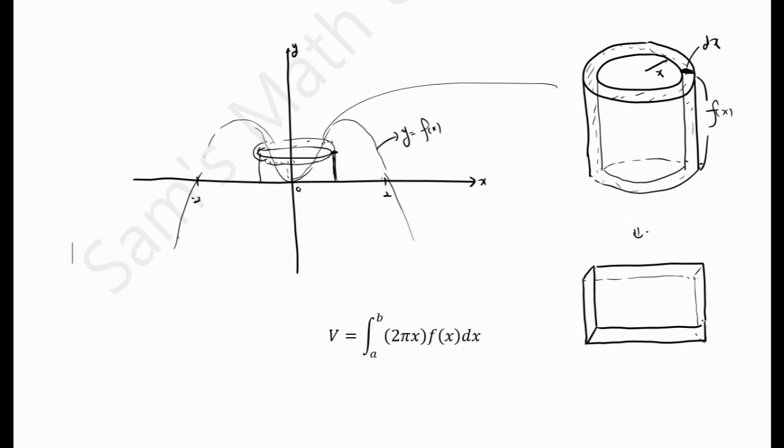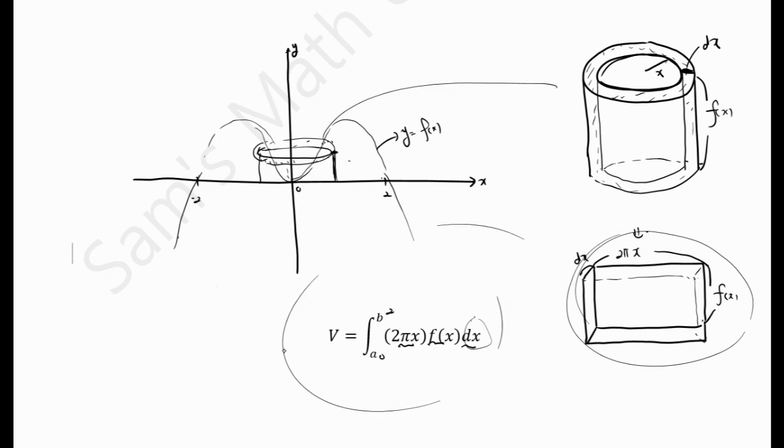This length is 2 pi x, the circumference, this length is f(x), and this is dx. So this small volume is 2 pi x times f(x) times dx. So this is an integration over x, where x is from a to b, which in this case is 0 to 2.